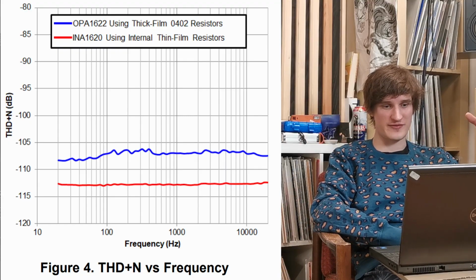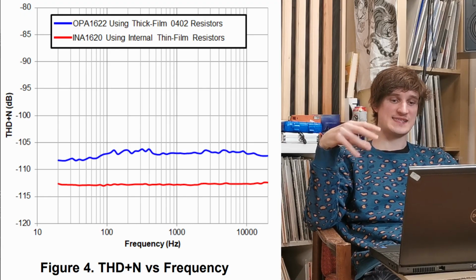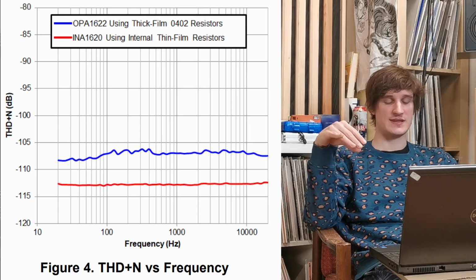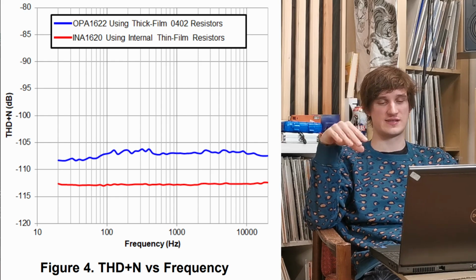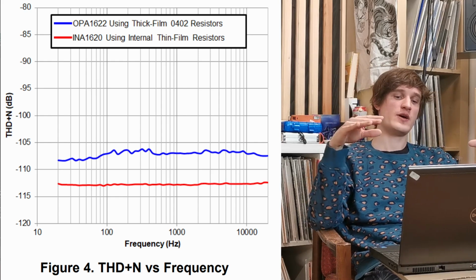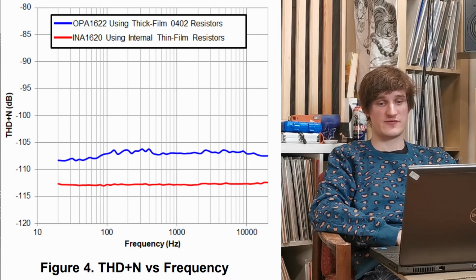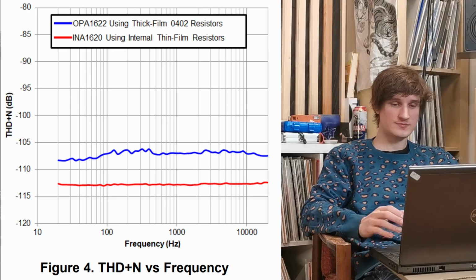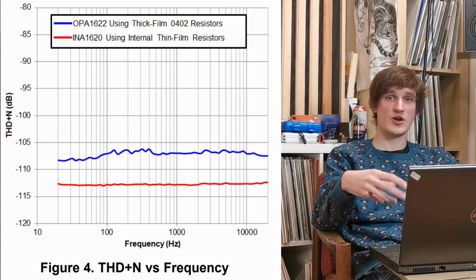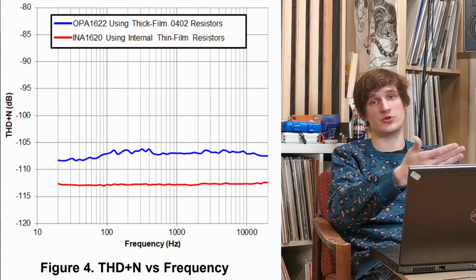And in this graph you can see that by using external thick film resistors, and thick film resistors have worse performance than thin film, the THD plus N, so distortion plus noise versus frequency in the frequency band, was higher than when they used thin film resistors. So as you can see, the performance of the circuit was limited by using unsuitable resistors.